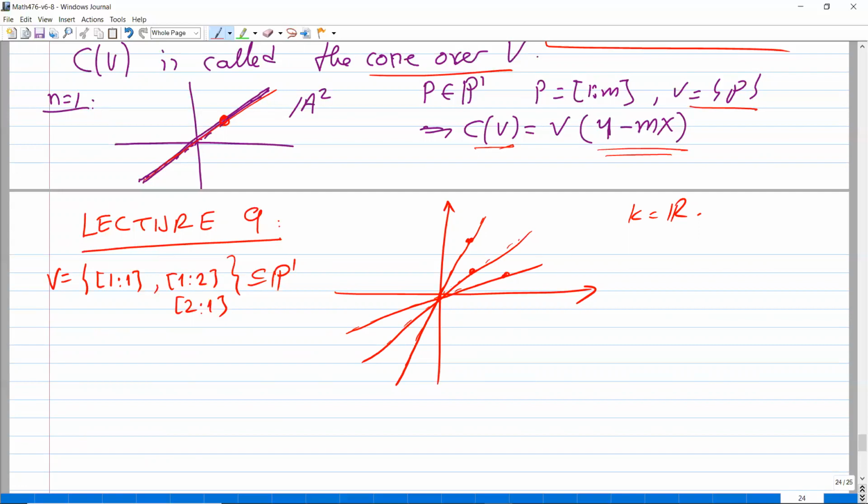Yeah. Also, if we take another example, let's say f(x, y) is x minus y, then the zero set of f is the set of [a, a] such that in P1, that is such that a is not 0.